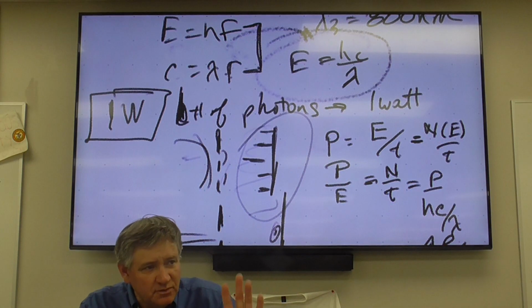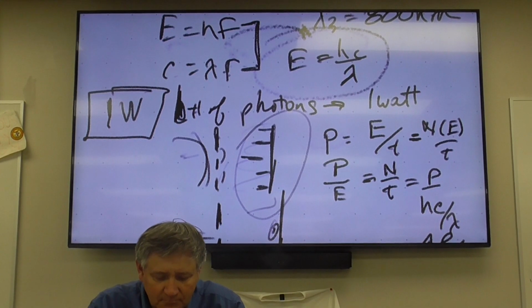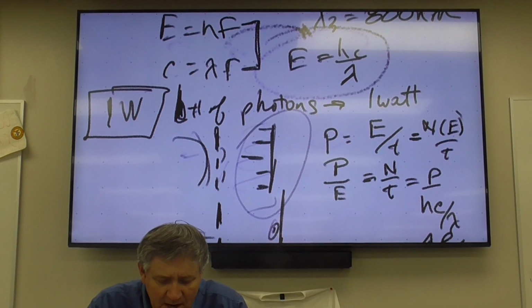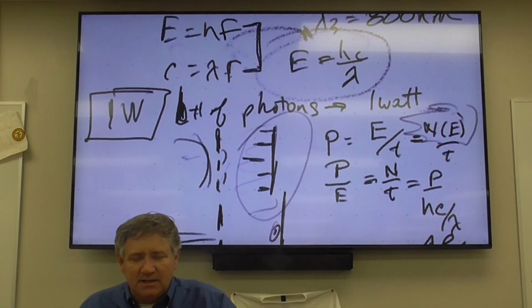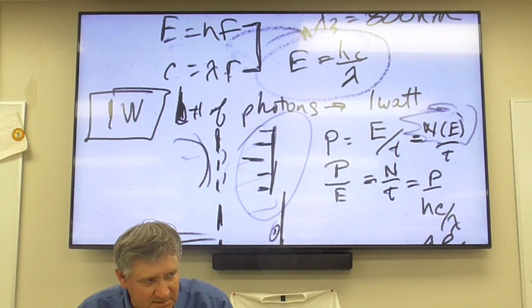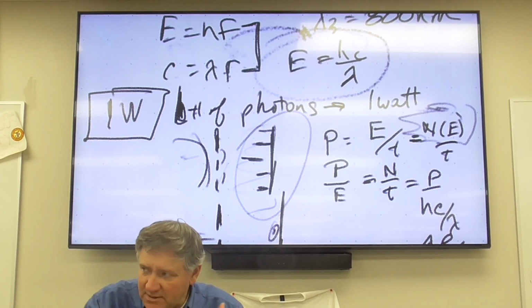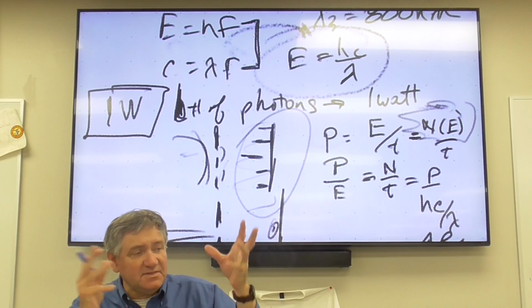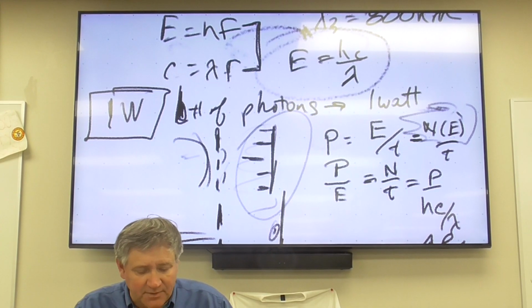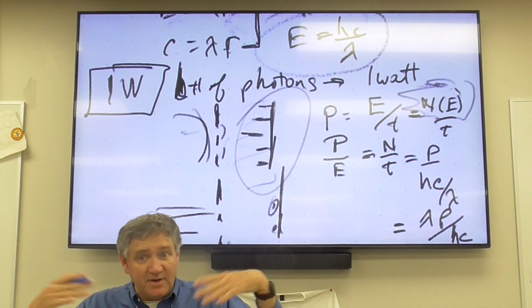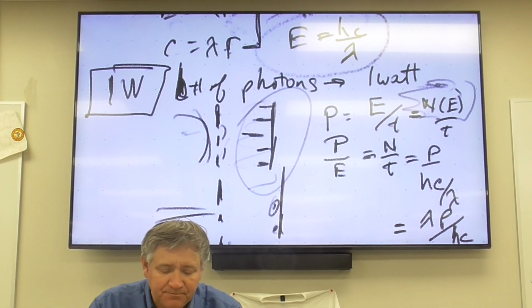So if you do a little bit of hocus pocus, the total amount of energy that you're going to need is the number of photons multiplied by the energy per photon, because technically that's what that is, energy per photon. And then it's also a function of time because it's watts.